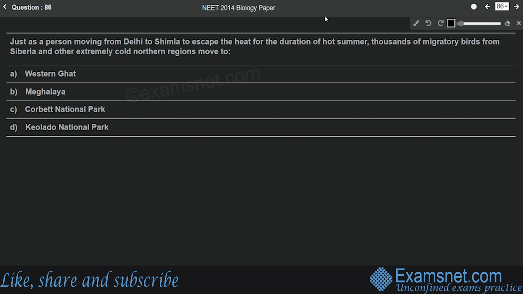Question number 86 is from the chapter Organisms and Population, and the question is, just as a person moving from Delhi to Shimla to escape the heat for the duration of hot summer, thousands of migratory birds from Siberia and other extremely cold northern regions move to option A, Western Ghat, option B, Meghalaya, option C, Corbett National Park, and option D, Colorado National Park.